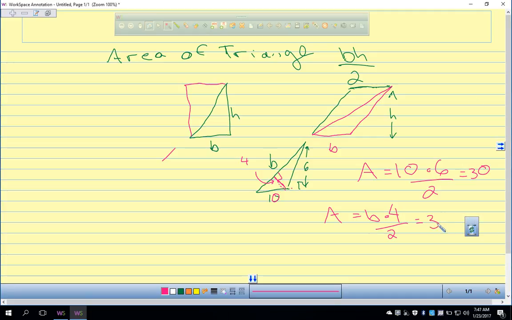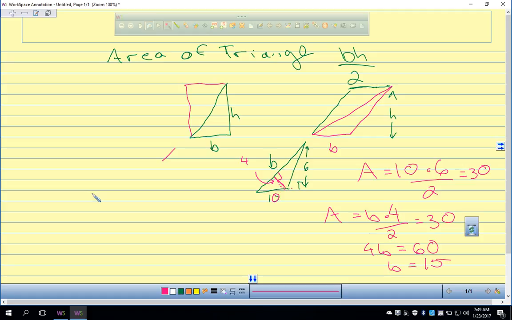Thirty, right? So I set that equal to 30. See that? And because you have one like this in your homework. And then you solve that, cross multiply, you get 4B equals 60, B equals 15. See? So that's kind of a tricky little slant on triangles.